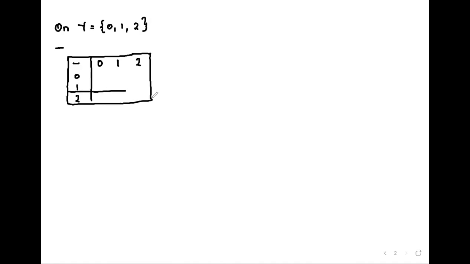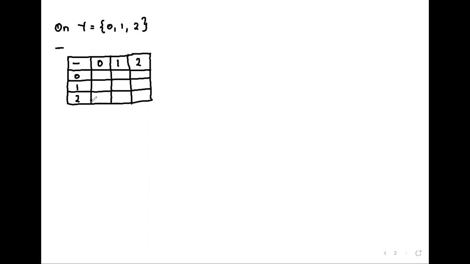So we're using minus. So let's form a table for minus, with 0, 1, 2 along the top and 0, 1, 2 down the side. Does it make sense? Let's check.